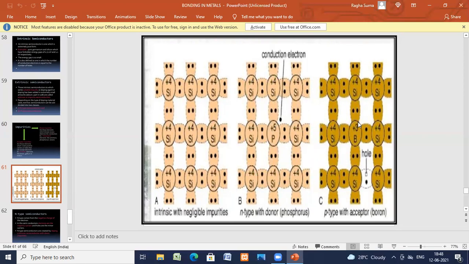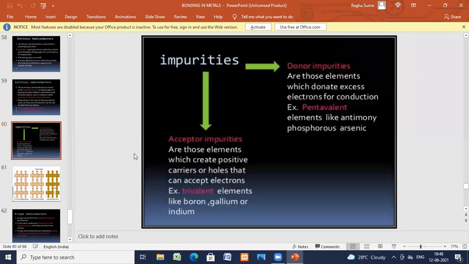Now, coming to the P-type, with the acceptor. In this P-type, silicon has atomic number 14 with 4 valence electrons. One of the silicon atoms in the crystal is replaced by boron. The acceptor impurities create positive carriers or holes that can accept electrons.